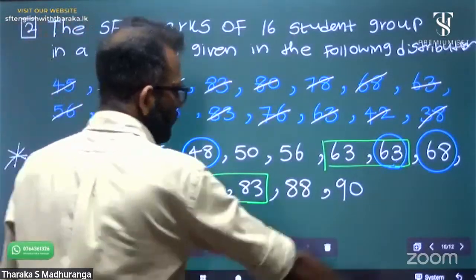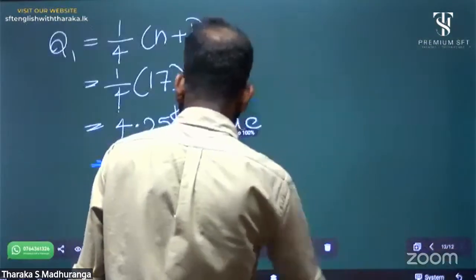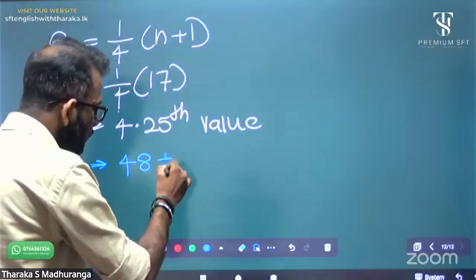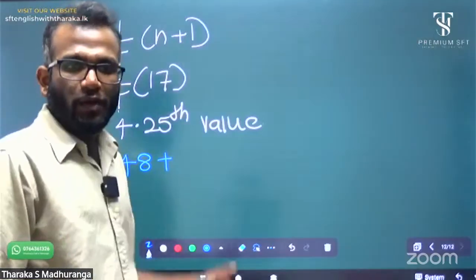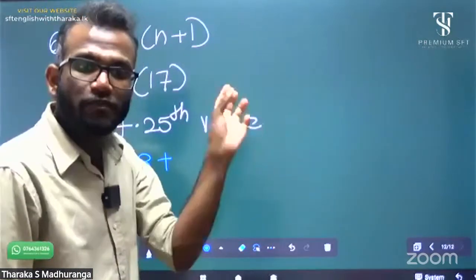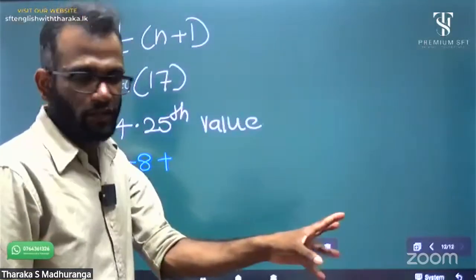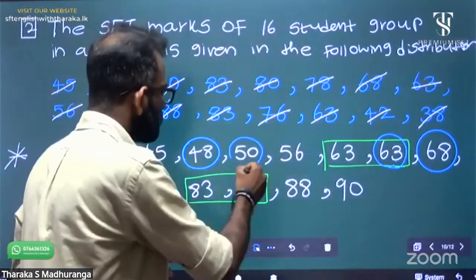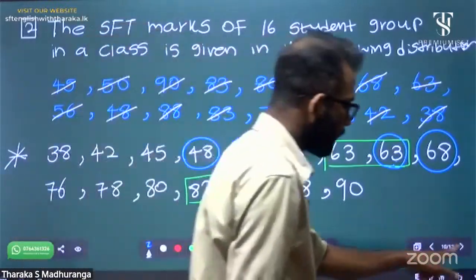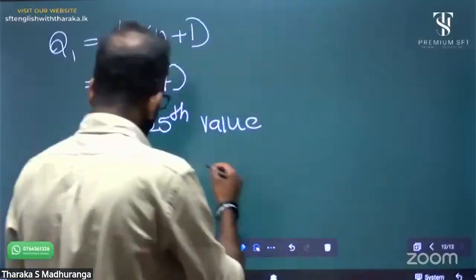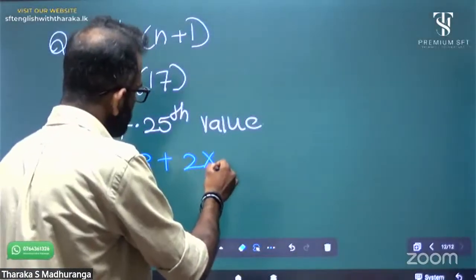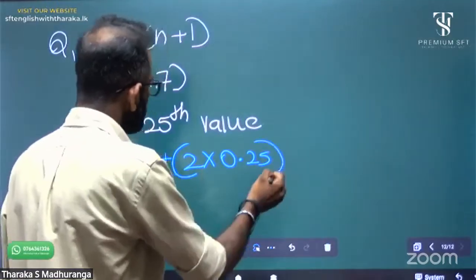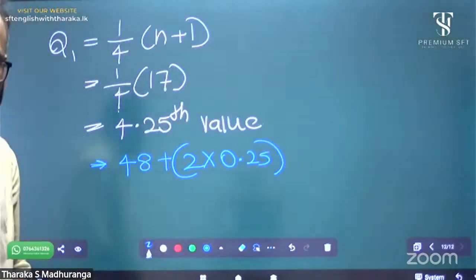48 is the fourth value. Now you can get the gap between the fourth value and the fifth value. The fifth value is 50, so the gap is 2, multiplied by 0.25. How did I get 0.25? Because it is 4.25.